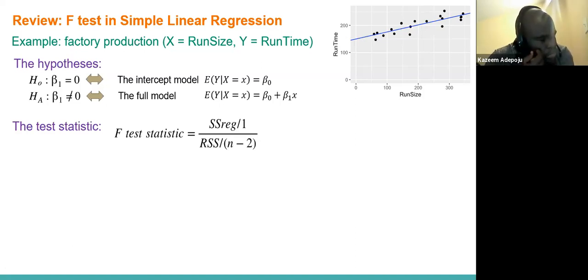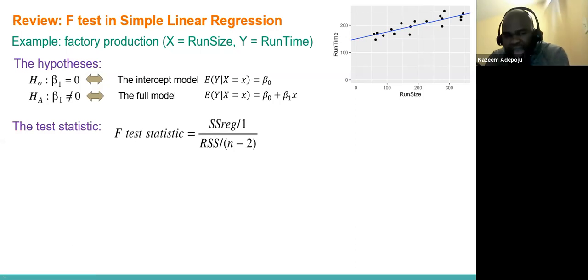The response variable has total variation around it, and we decompose that into what we call explained variation and unexplained variation. The explained variation is the same thing as the sum of squares regression. Unexplained variation is the same thing as RSS, the residual sum of squares.